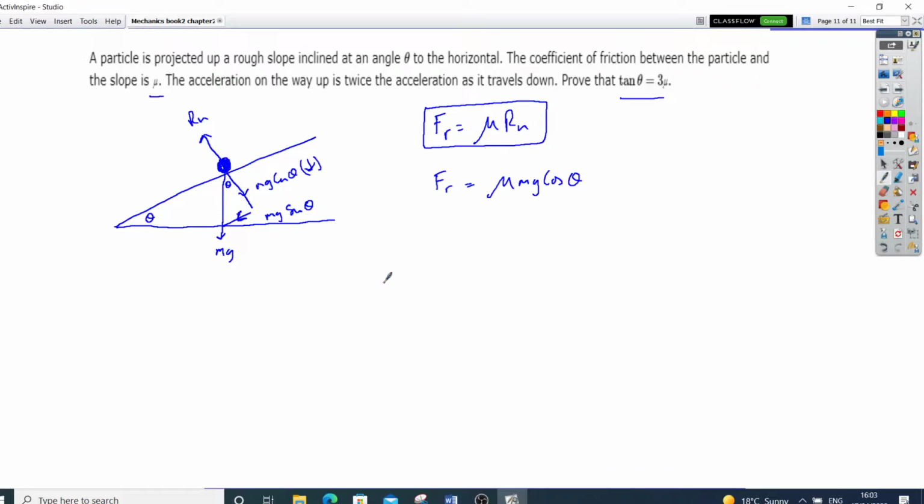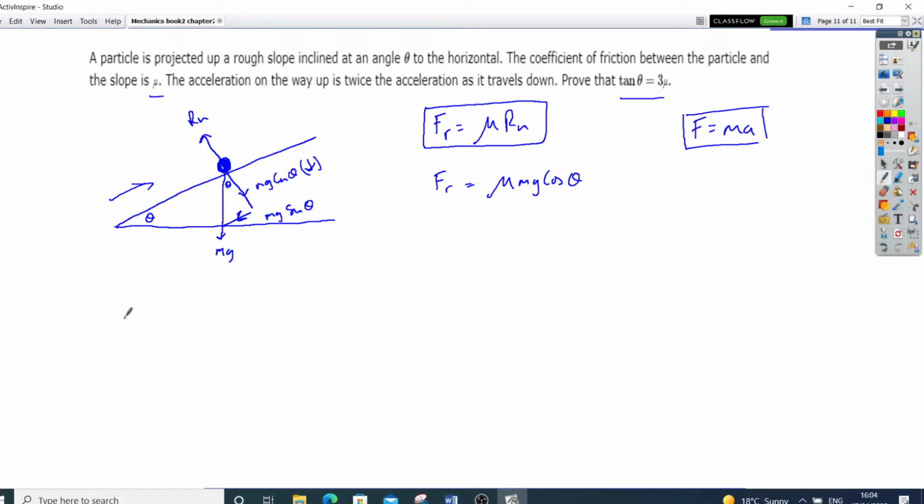So when this goes up, we also know Newton's second law, force equals mass times acceleration. As this particle is being projected upwards, what opposes movement is friction.